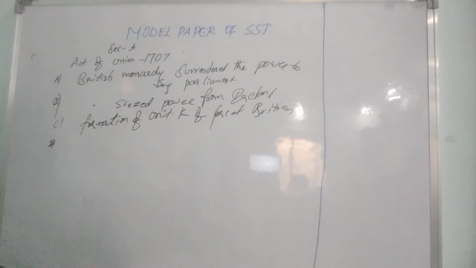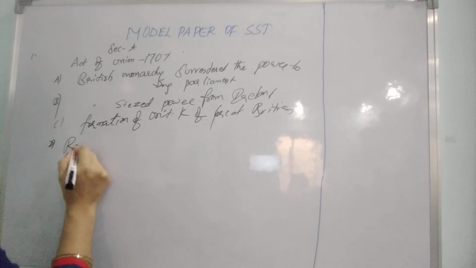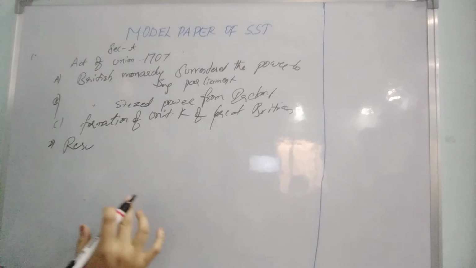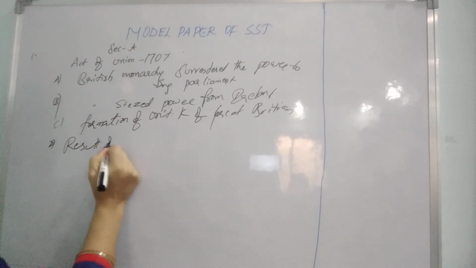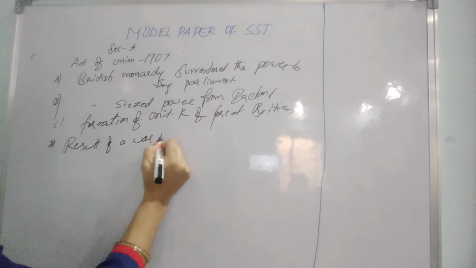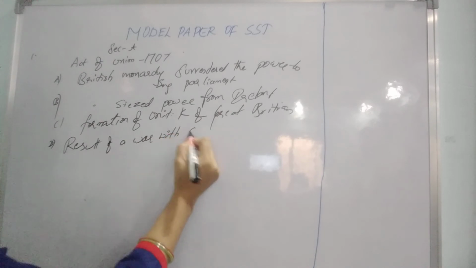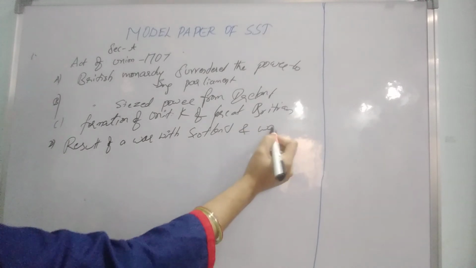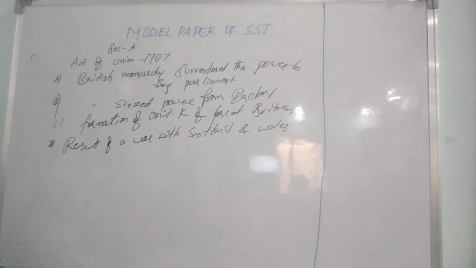And our last option is the British nation was formed as a result of a war with Scotland and Wales. Which option is our correct answer?